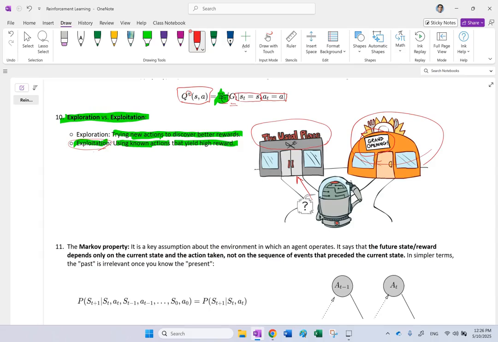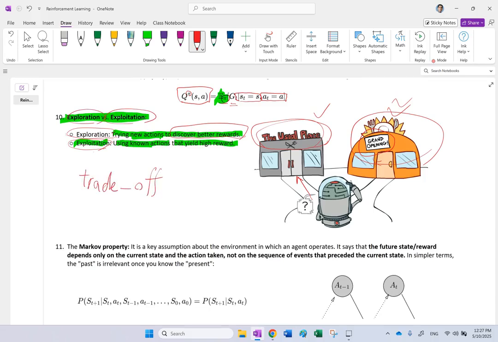You go there, oh gosh, I thought this place is good, this is even better. I want to come to this. So it's a risk that you are taking. Exploration is all about the risk, because there might be some rewards that you don't know and you want to discover. Exploitation is to play it safe, to play it conservative, basically. So in reinforcement learning, you have to have a good trade-off between these two.